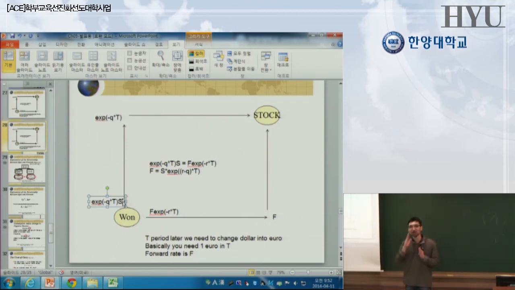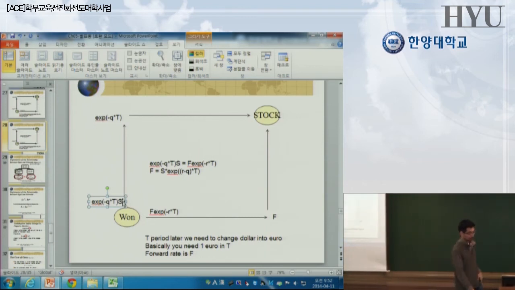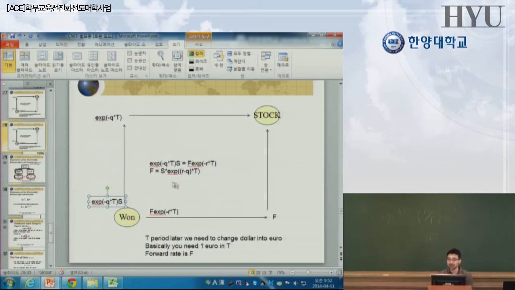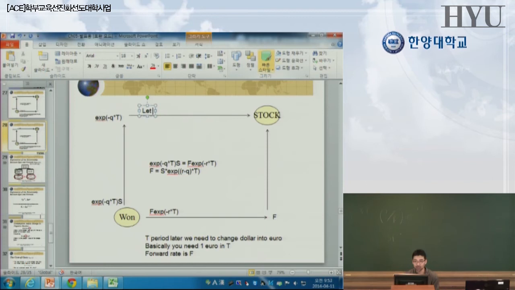If the dividend is paid periodically with some money, what we have to do is get the present value of all future dividend payments, and let's say this is I. Let's define it now: let I be the present value of all dividend flow up to time T.